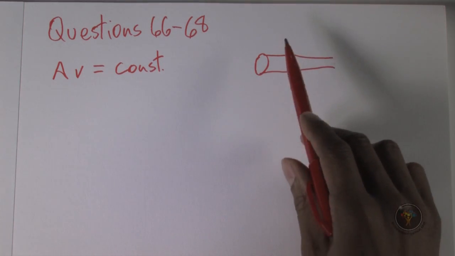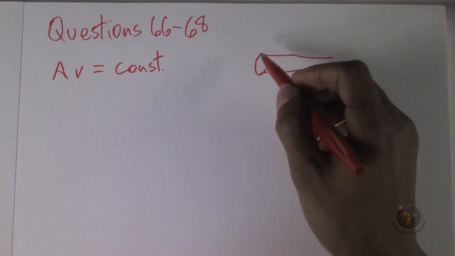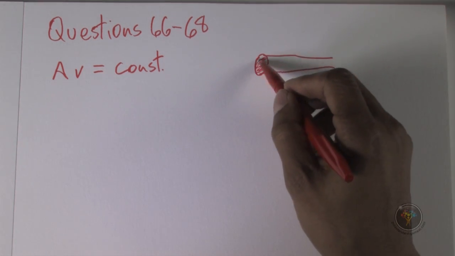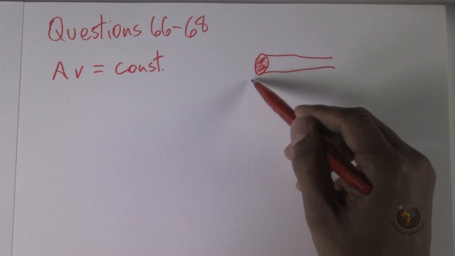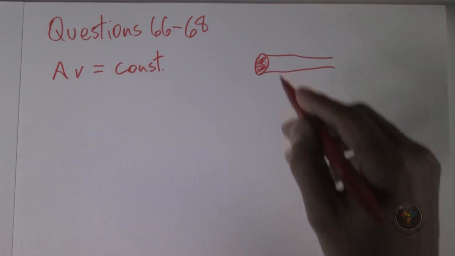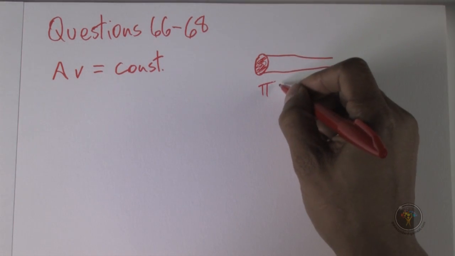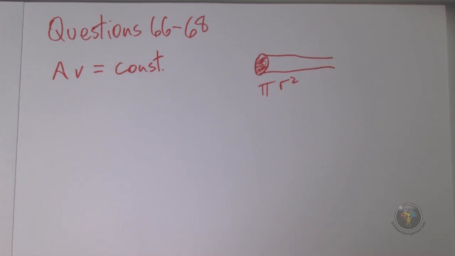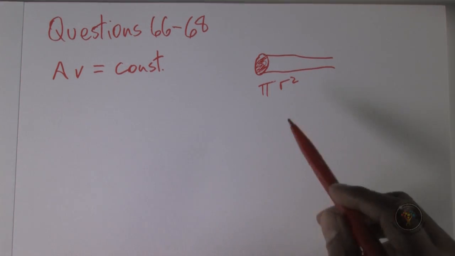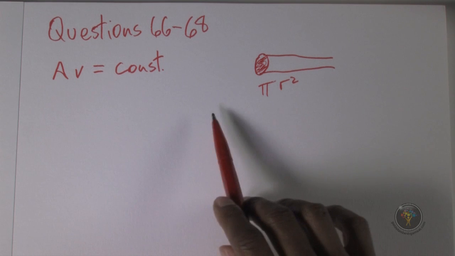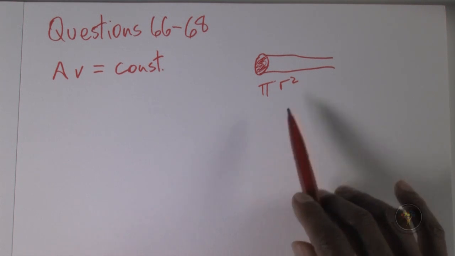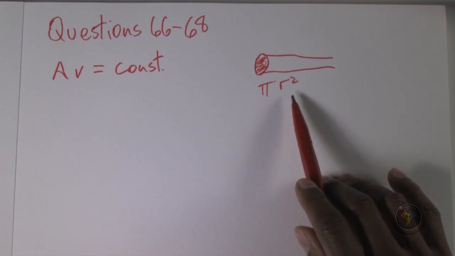So this is a tube, you take a cross-section of that, and it's referring to this. The cross-sectional area of a tube is clearly a circle, and the area of a circle is pi r squared. And yes, you are definitely expected to know that. Pi, of course, is approximately 3.14, and so we have r squared with radius.